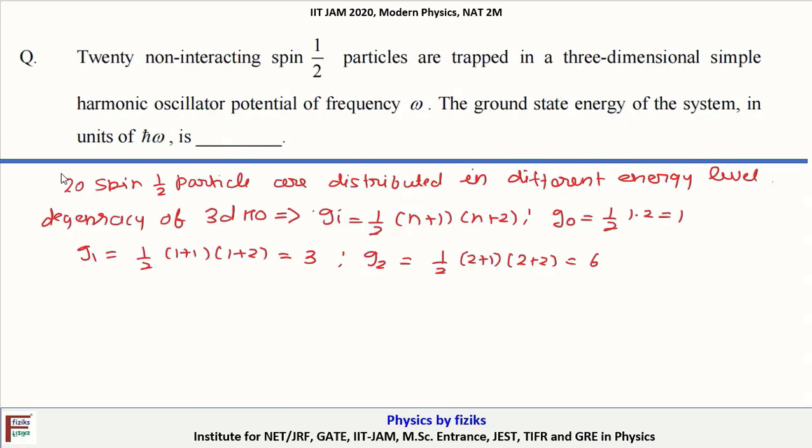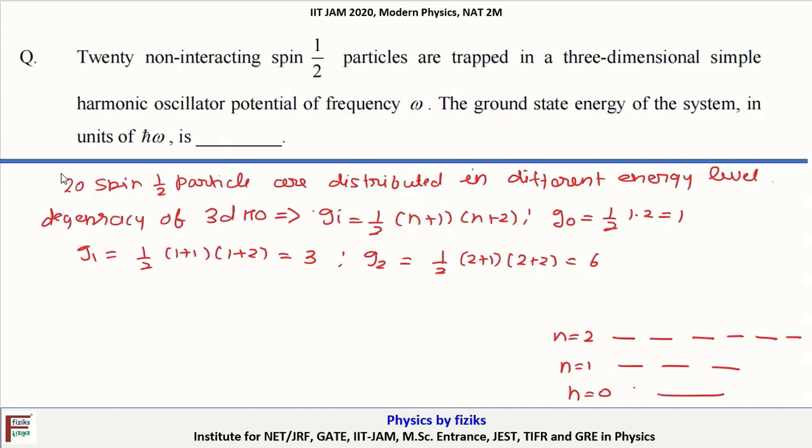Now our work would be done. So the distribution would be like this. For n equals 0, you would have 1 energy level. For n equals 1, you would have 3 degenerate states, and for n equals 2, you would have 6.